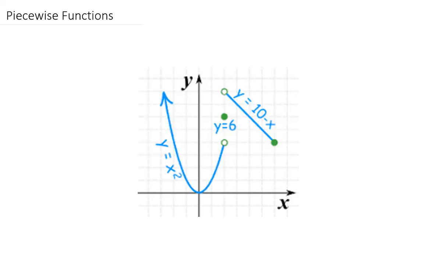Alright, so as we saw, a piecewise function is some sort of function that is created in pieces. So if you look at this, this is a piecewise function. It's got three different functions that are a part of it. Any point where x is less than 2, obviously our function is x squared.